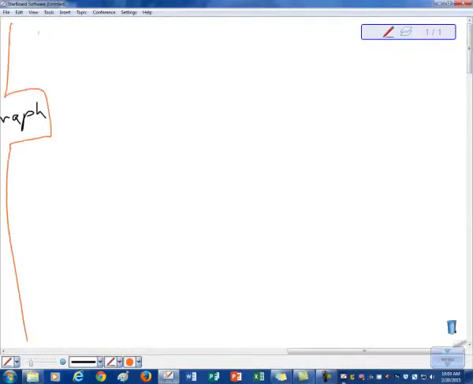Alright, so let's look at problem 6. And let's say we have this graph here. Let's say it comes up and down, and then it ends here and ends here.